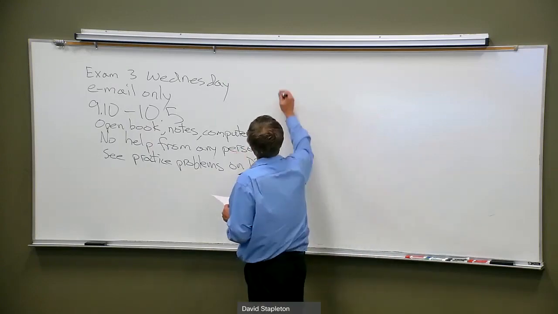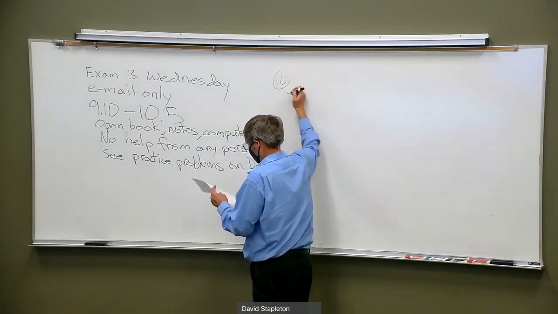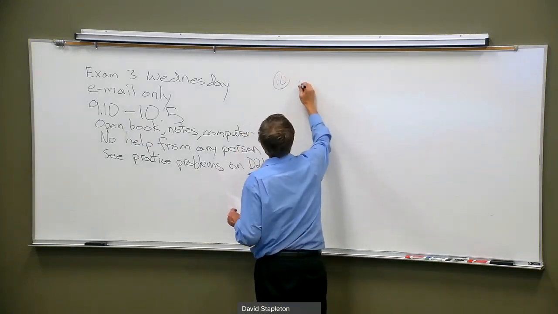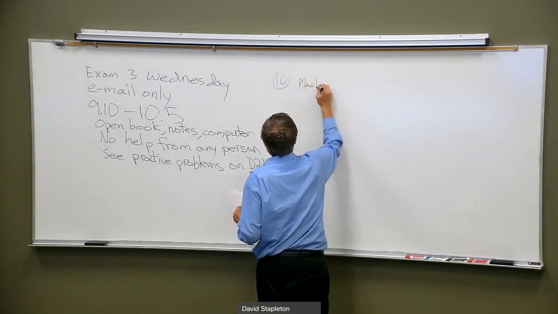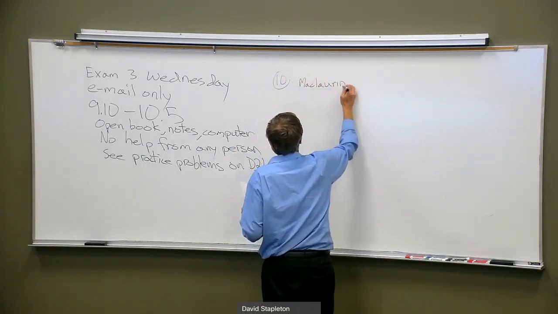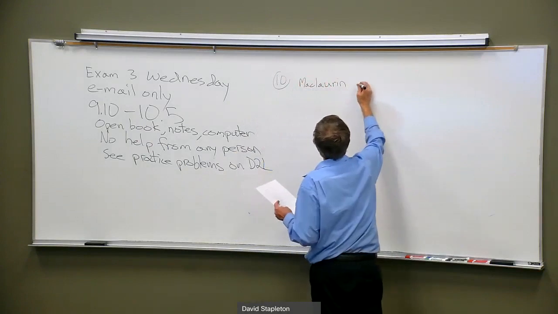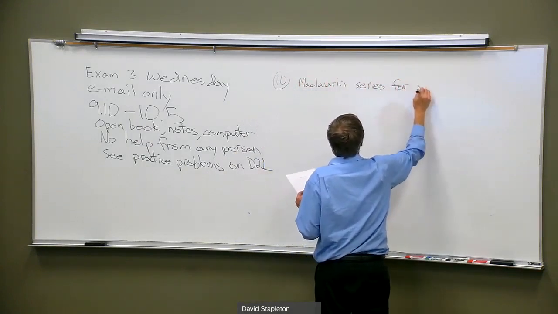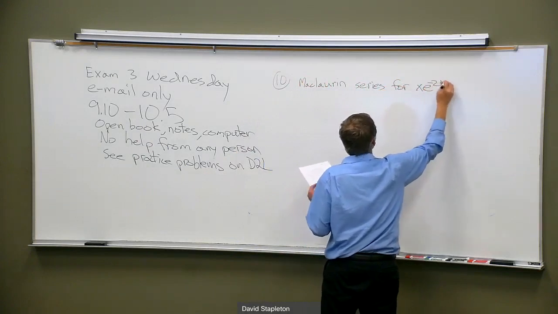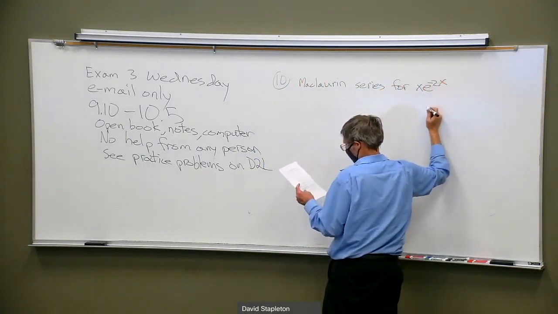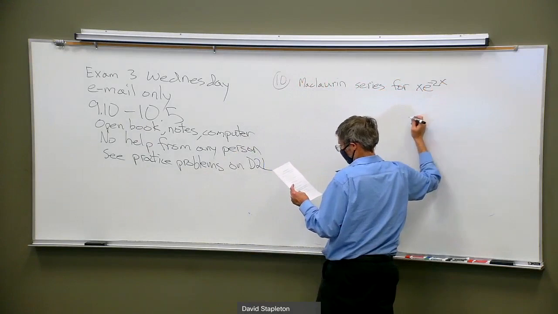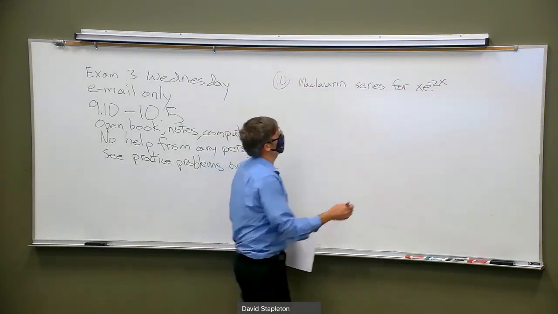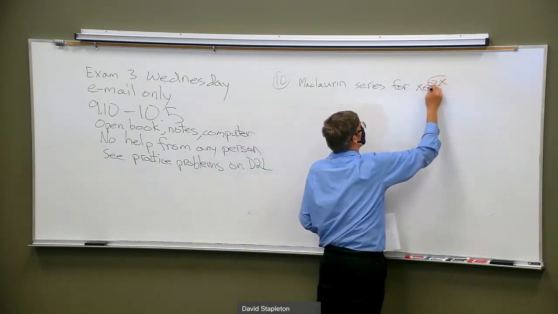The request for number 10, find the Maclaurin series for x e to the minus 2x. I feel like this one is not grungy like the other ones. By making an appropriate substitution in a known Maclaurin series and multiply. What I'm doing here is I'm thinking this is x times e to the u, right?